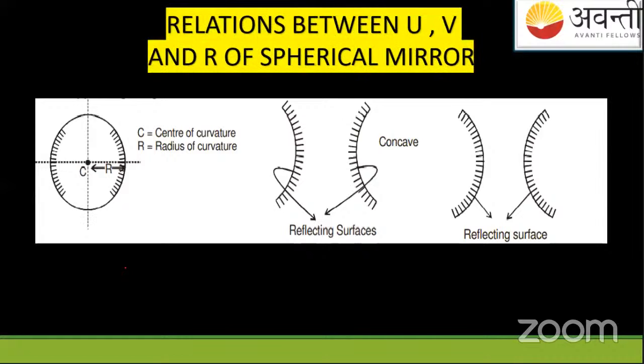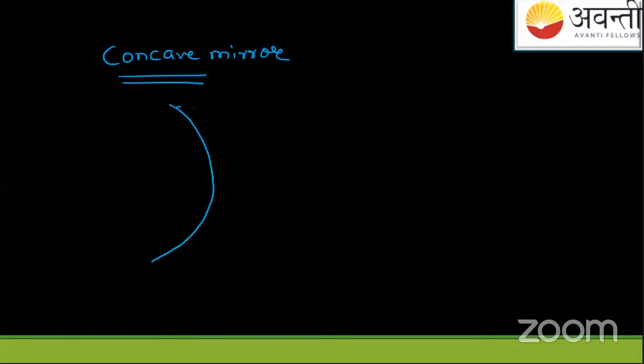Now write the relation between object distance, image distance, and radius of curvature for spherical mirror. Okay, let me explain this. See, suppose students, we are having a concave mirror. This is the concave mirror, and this is the principal axis.